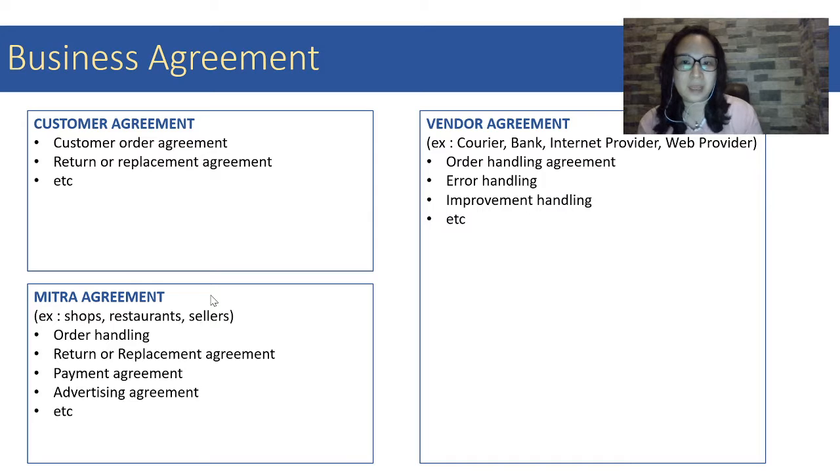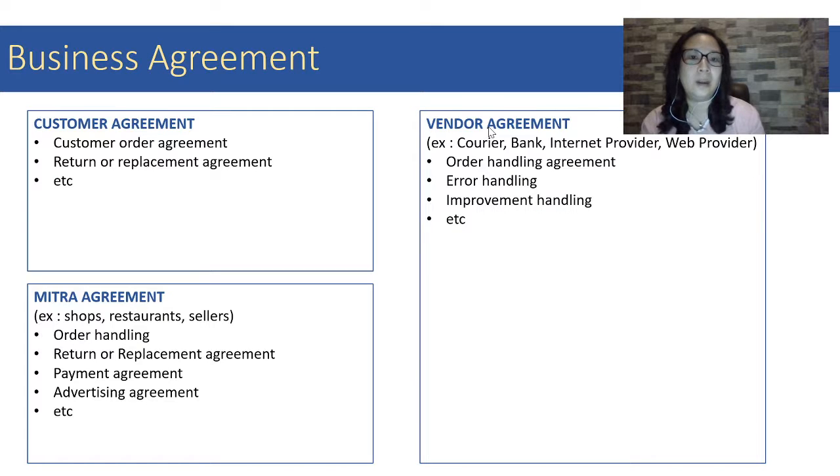If we talk about the GoFood business, the restaurants and Gojek are considered mitra. But when we talk about Shopee, the mitra will be the seller, while JNA and the bank are considered vendors.